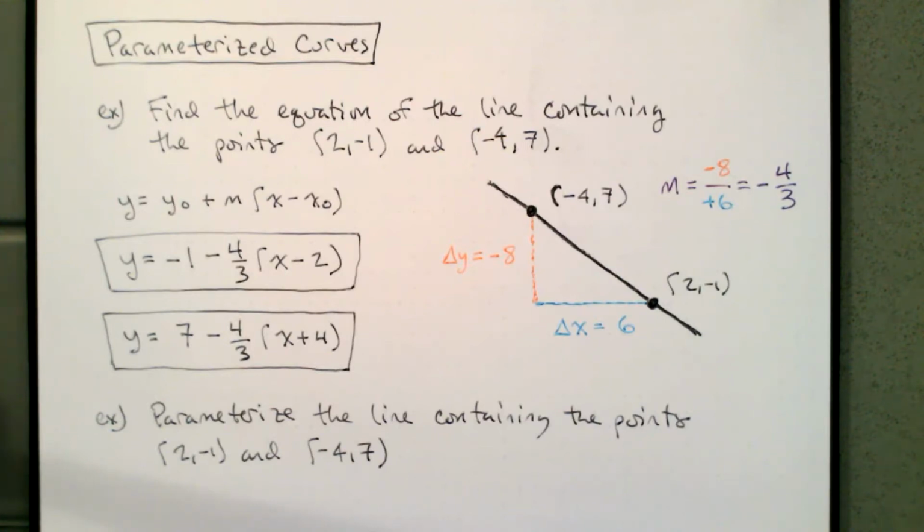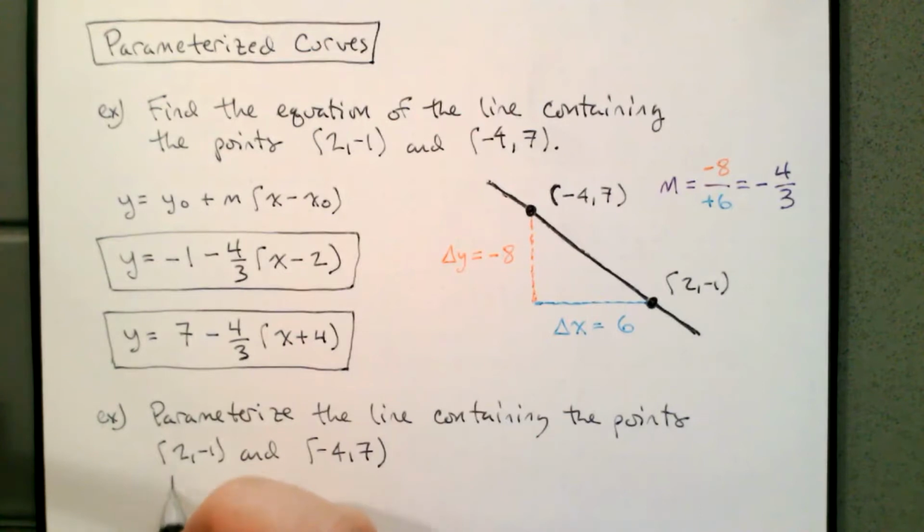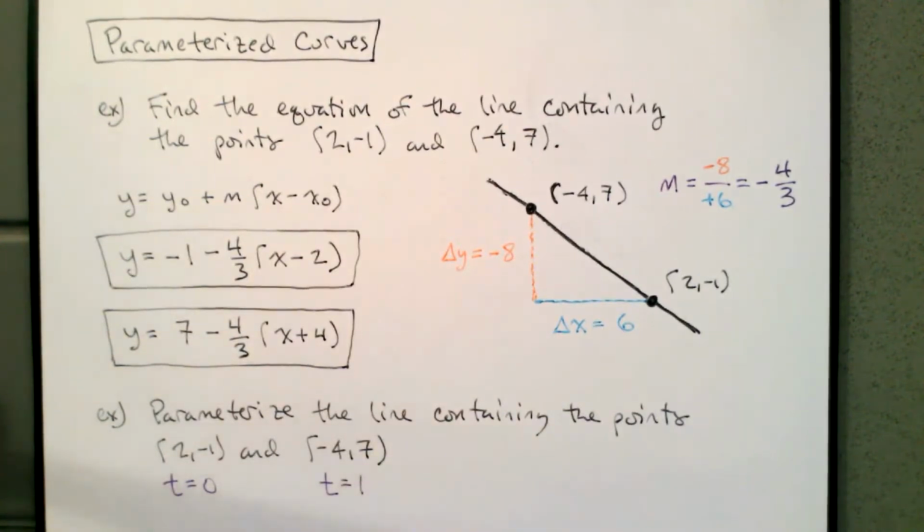But the easiest thing to do is to pick a starting point when t is equal to 0 and pick the next point when t is equal to 1. So we're going to assign parameters. I'm going to say t equals 0 happens at the point (2, -1). And I'm going to say t equals 1 means that we'll be at the point (-4, 7). We are choosing the parameters. We decide what these parameters are.